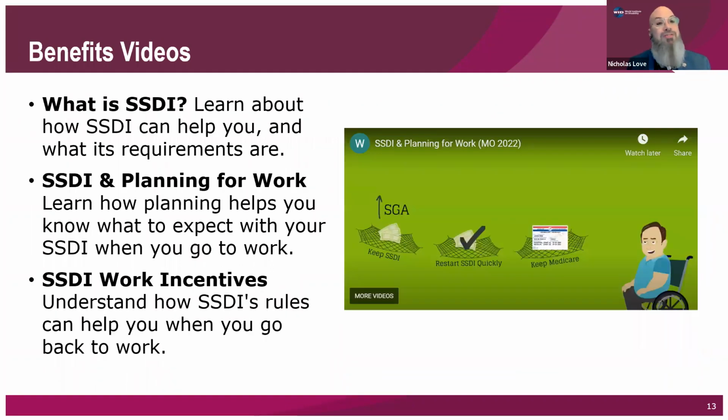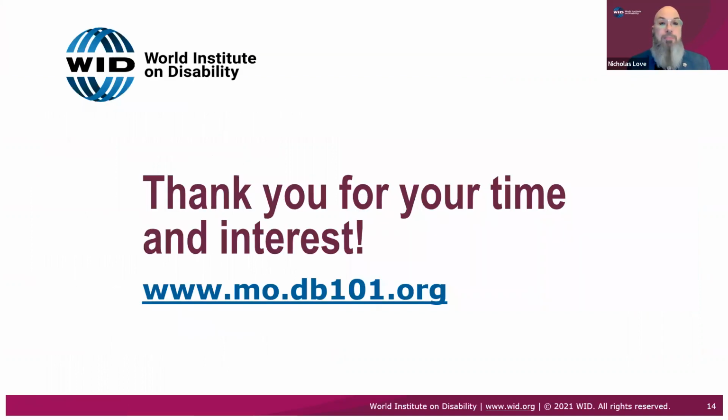There's also ones on SSDI. So what is SSDI? What is SSDI in planning for work? And this one here shows some of the safety nets that allow people to keep their benefits and restart their SSDI if they need to, without having to reapply. And then understanding how those rules for SSDI actually work.